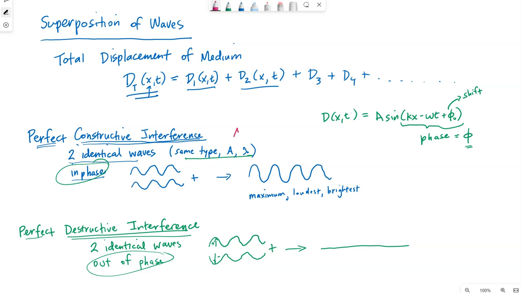For perfect constructive interference, for a peak to line up with a peak, the phase shift can be 0. But if you remember the point in the video where I said, let's slide the bottom one and make sure this peak lines up with the next peak.